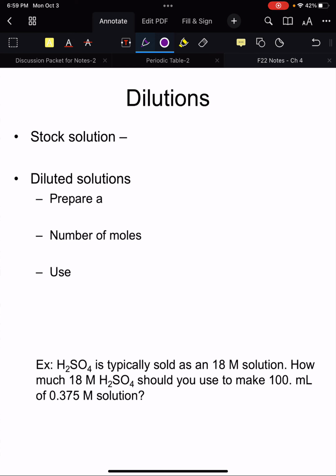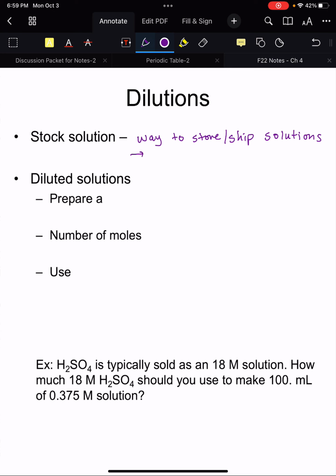Why do we want to talk about dilutions? Well, a lot of the time when you buy a solution for lab that you do a reaction with, they sell it to you in a very concentrated way. So a stock solution is a way to store or ship solutions.